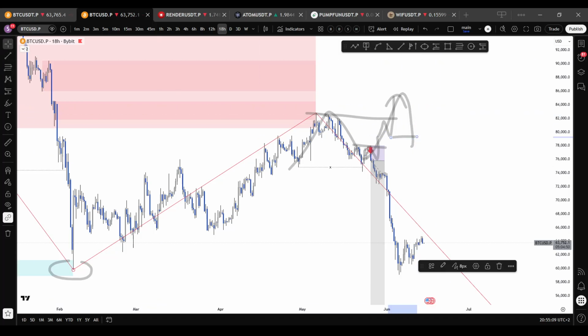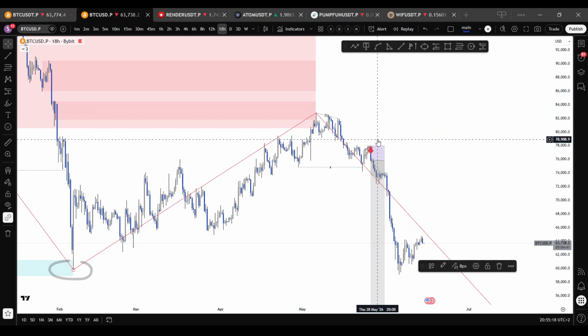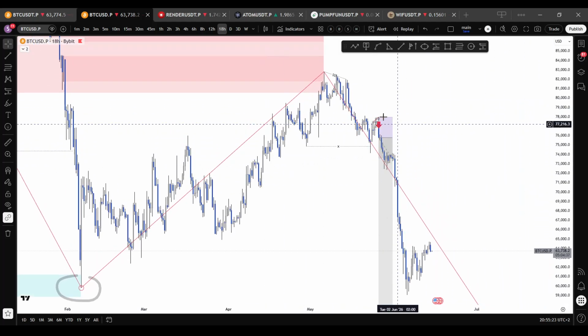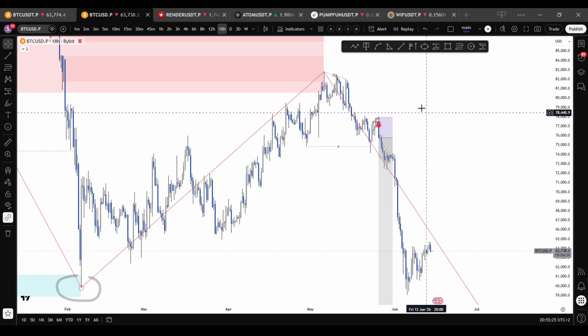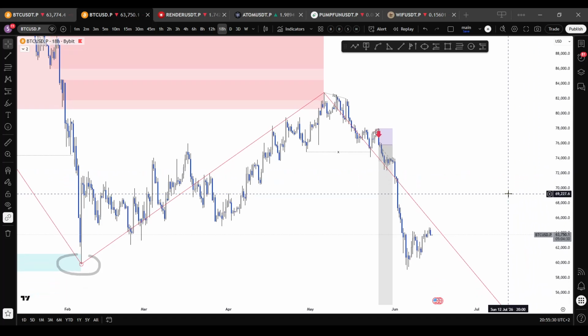And that was a stupid mistake I made. I was hoping for higher instead of trading what the market really offered me. The market gave all the signs. We SFP this and then got our model 1 distribution around here and we dumped low. That was really all you needed. And basically what I learned from it was, first of all, don't trade what I want, don't trade your expectation, trade confirmations.